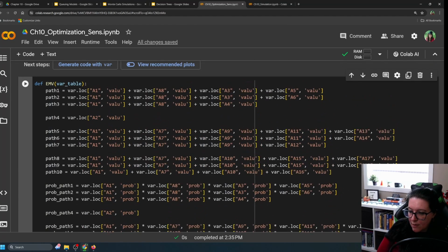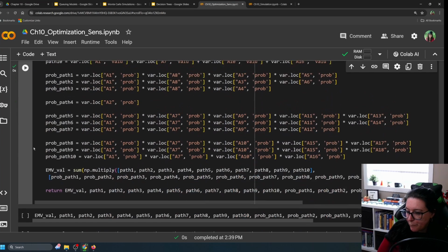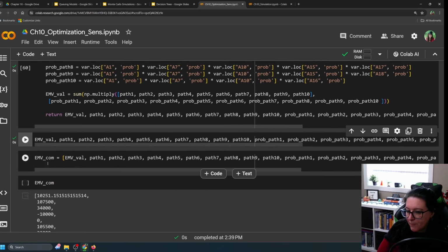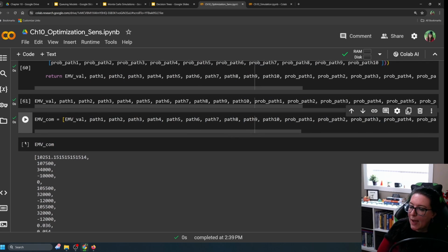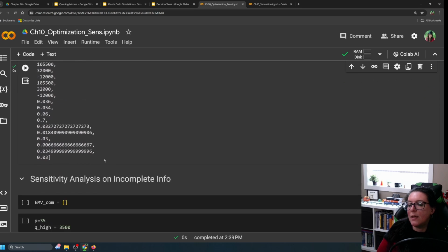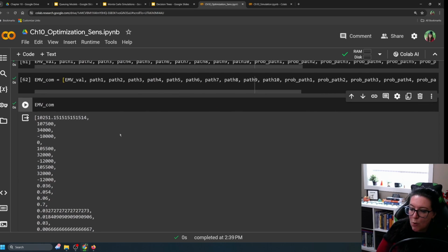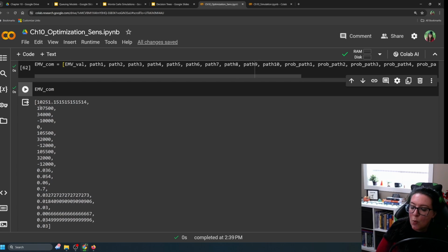So let's create our new function here. And so here, if we were to output all this information just as a list, right, you get a big long list. So what we can see here is that given all this information, we can see that the expected value is $10,251.